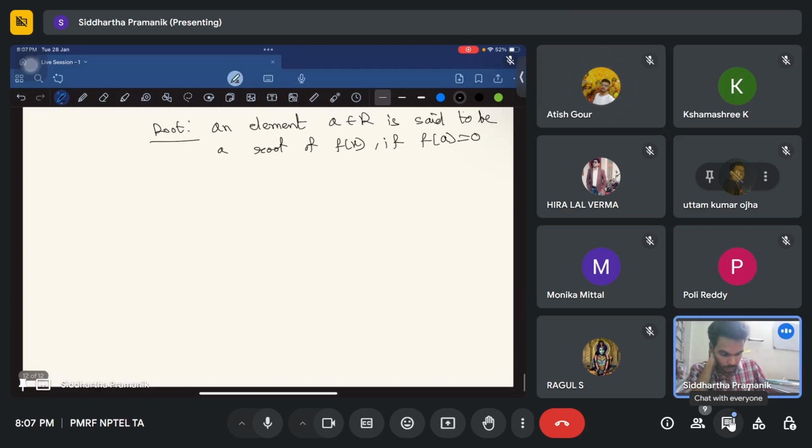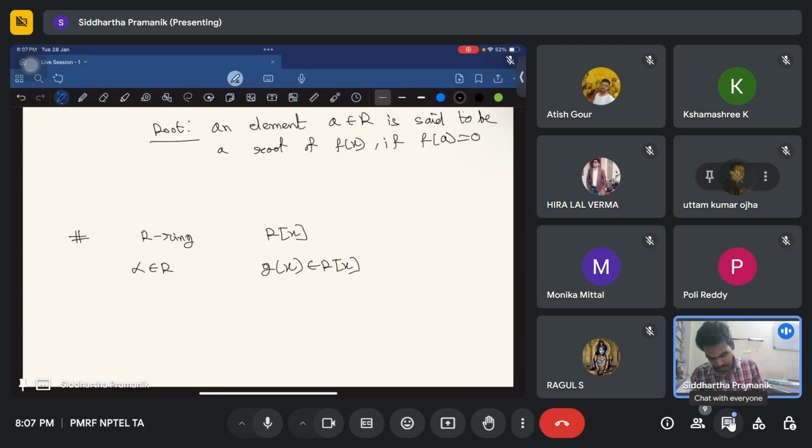Okay. So I hope you know the division algorithm in the polynomial ring correctly. That statement is basically: let R be a ring, and you take the polynomial ring R[x]. Take an element A in R, or as you are saying, alpha, and a polynomial g of x in R[x].